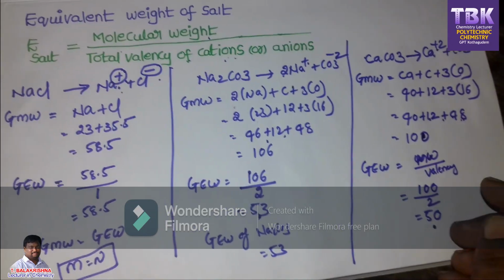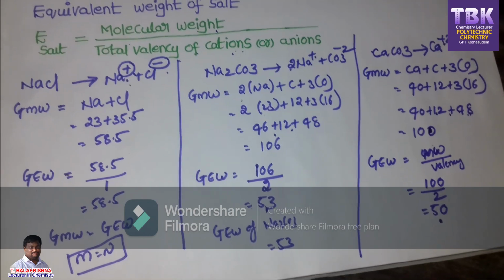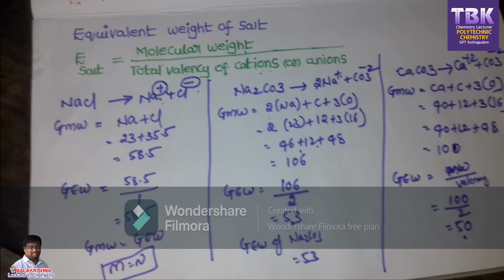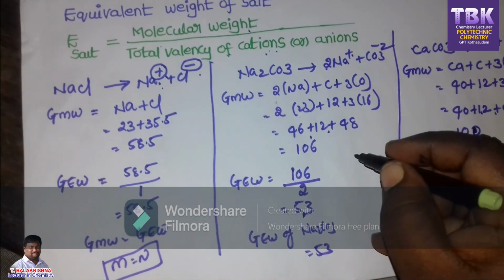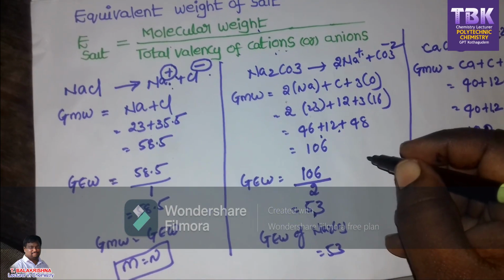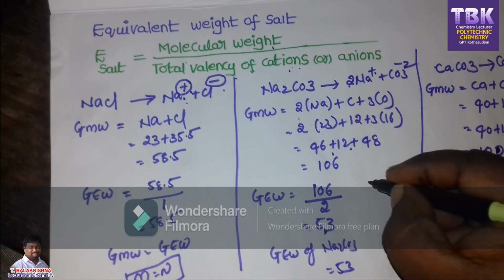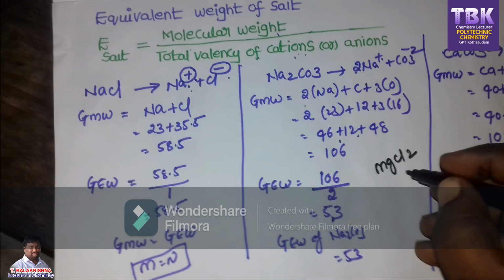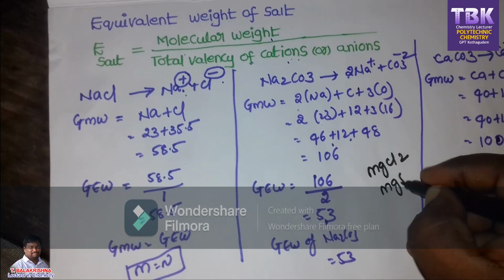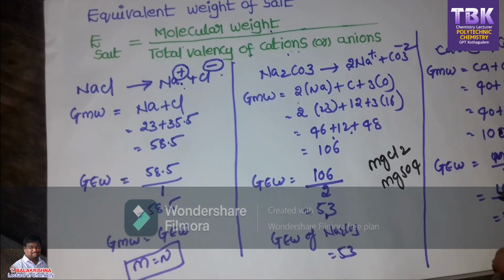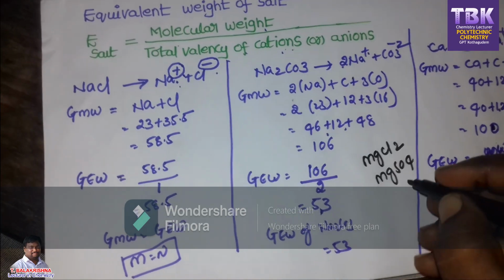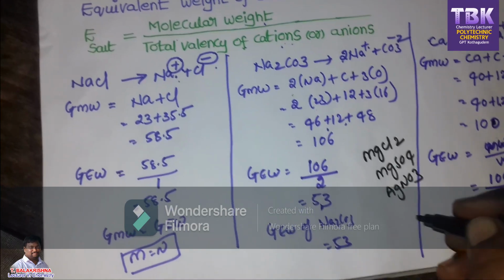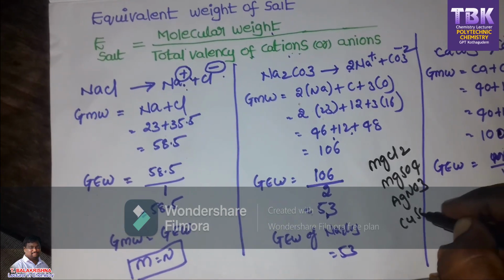Okay. Then find the gram equivalent weight of some salts like magnesium chloride MgCl2, magnesium sulfate MgSO4, silver nitrate AgNO3, and copper sulfate CuSO4.